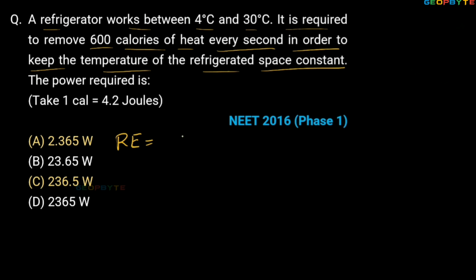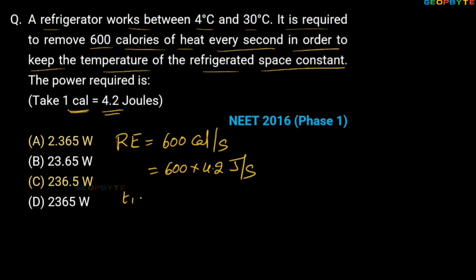Refrigeration effect is given as 600 calories per second, right? But given 1 calorie equal to 4.2 joules, it is equal to 600 into 4.2 joules per second. And refrigerated space temperature T1 equal to 4 degrees centigrade, it is equal to 4 plus 273, which is 277 Kelvin.